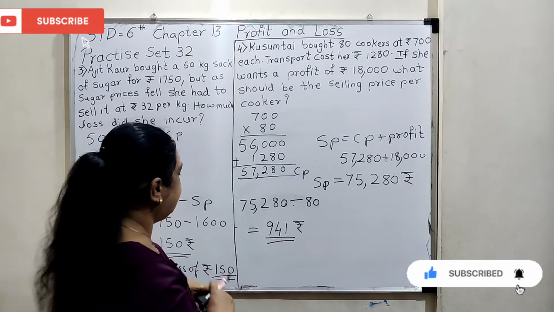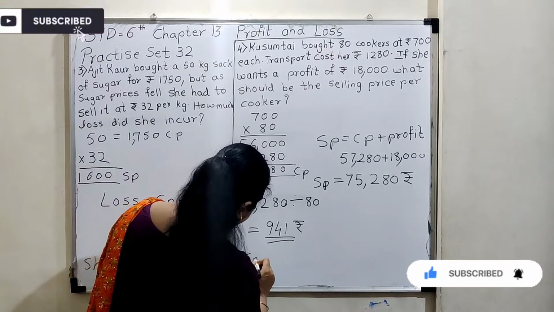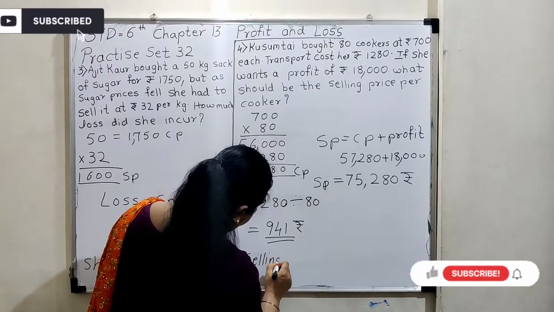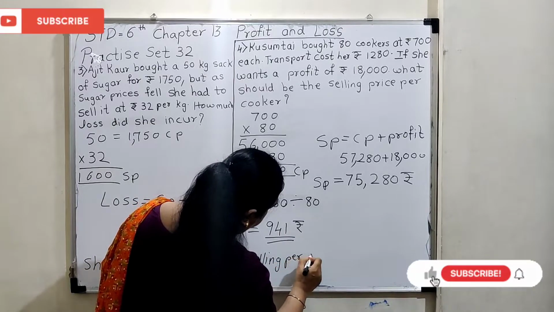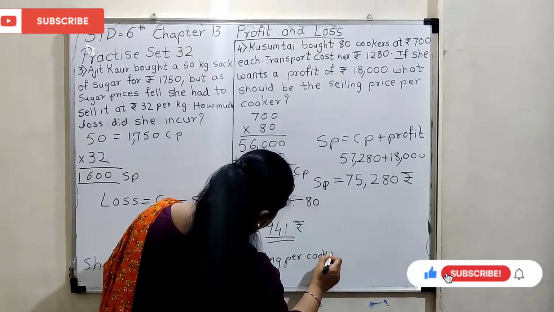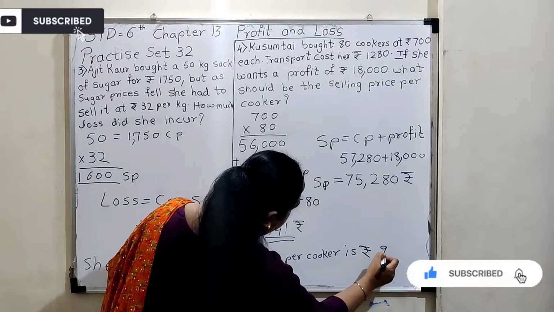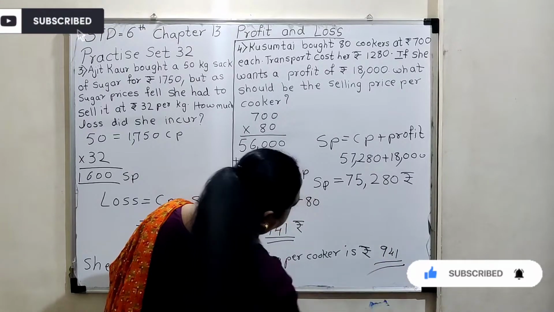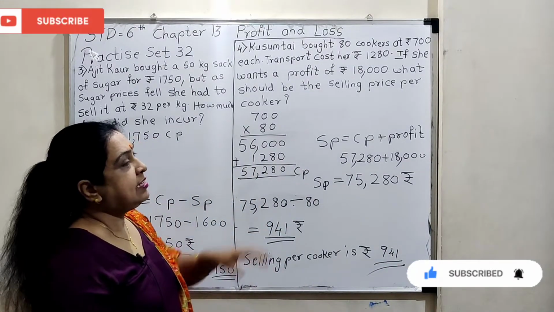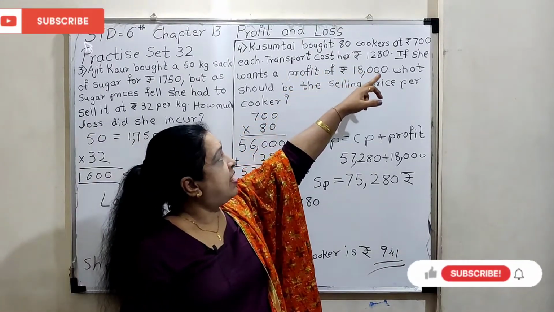So you should write selling price per cooker is rupees 941.